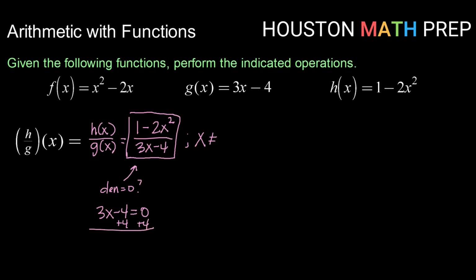Solving for x to get my excluded value, I would get 3x equals 4. Dividing by 3, I have an excluded value of 4/3. So my h over g of x function is 1 minus 2x squared over 3x minus 4, and it is defined everywhere except at x equals 4/3.